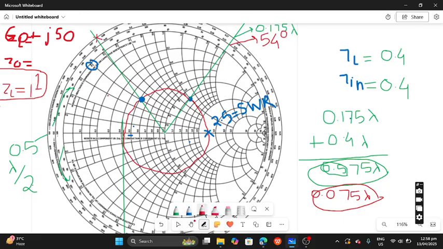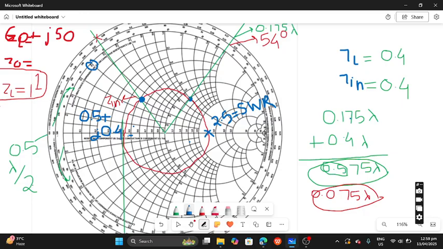So I will write this value: Zin is 0.5 plus j0.4.